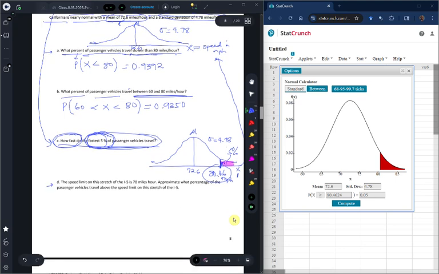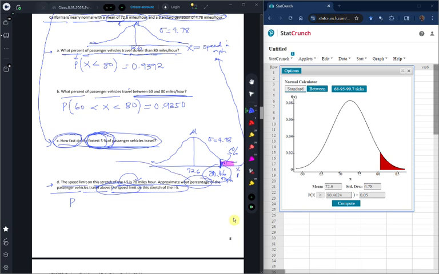Then question D. The speed limit on this stretch of I-5 is 70 miles per hour. Approximate what percentage of passenger vehicles travel above the speed limit. Above the speed limit, that's above 70. So it's the probability of X speed above 70.